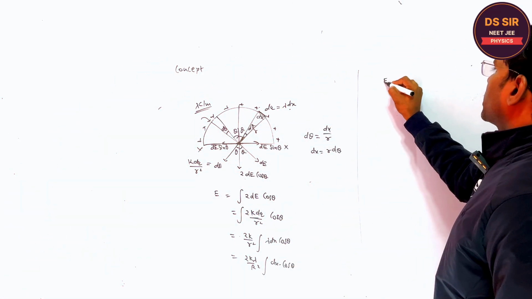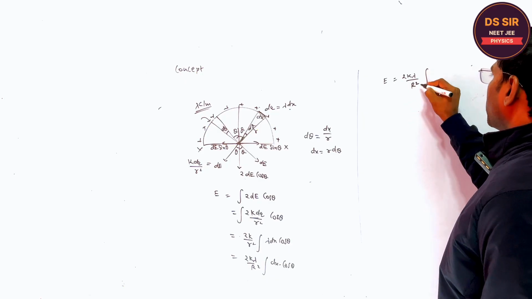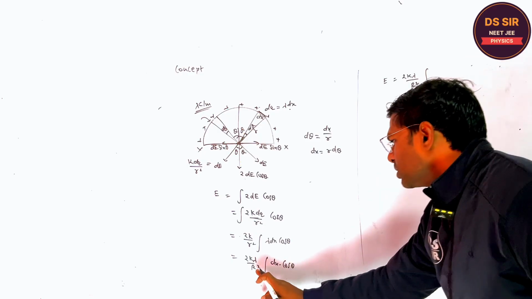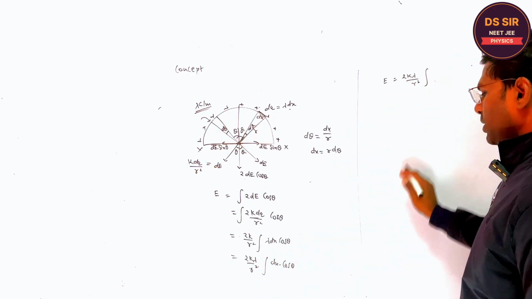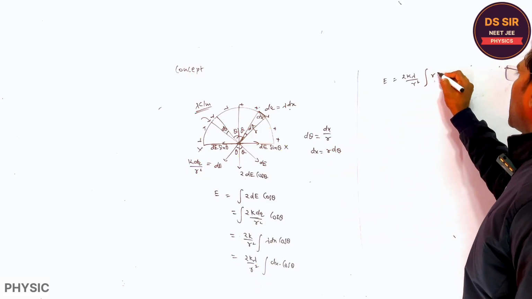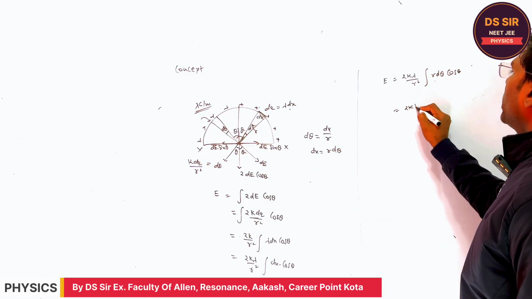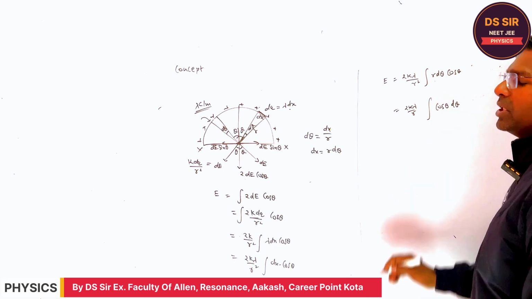So the electric field is 2k lambda upon r square, integration of, this is small r square, in place of dx, r d theta into cos theta. So one r will cancel out, 2k lambda upon r, and this is cos theta into d theta.